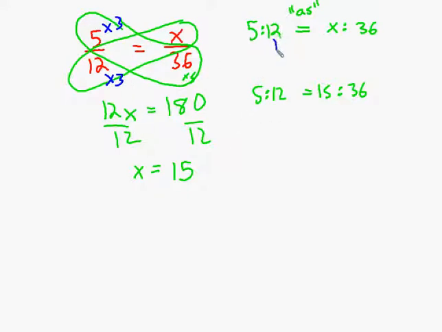But here's why this is working. These inner numbers right here and these outer numbers have a relationship. The inner ones are called the means. The outer ones are called the extremes.